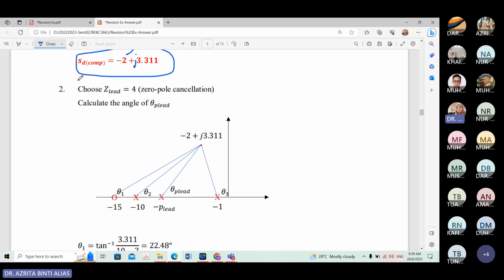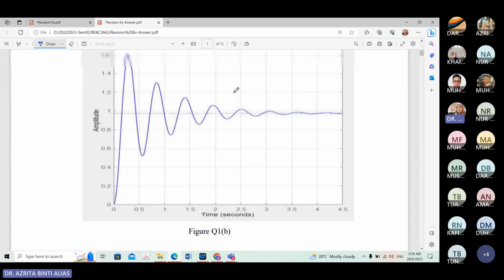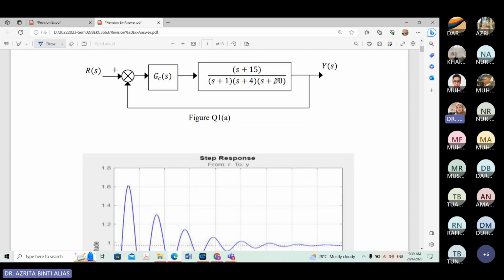For the lead compensator, we need to choose either Z lead or P lead, so we need to assume one. In your final exam, I advise you to choose the Z lead, and make sure you choose the Z lead at the same location as a pole from the system.